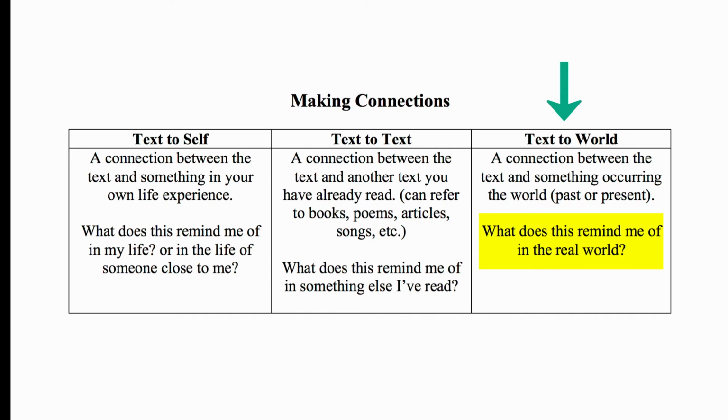So what does this that you're reading remind you of in the real world? Now anytime you see or you can remember a connection taking place as you're reading, make sure to jot that down in your notes. That way you can go back and refer to that.